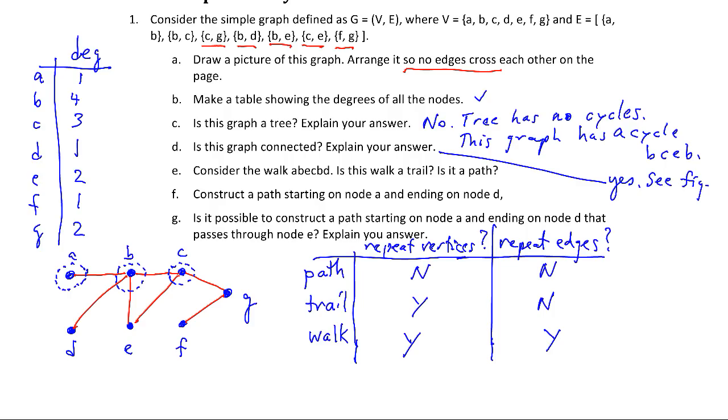And so the walk A, B, E, C, B, D, let's go ahead and sketch out that walk here, in a black color. I'm going to go from A to B to E, from E back to C, and then to B, and then to D. That is a walk.